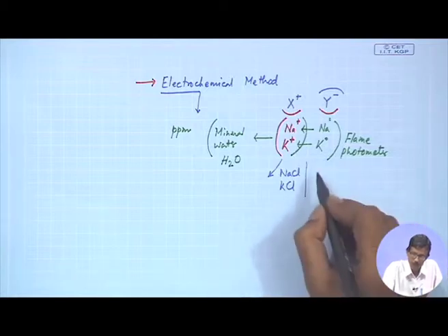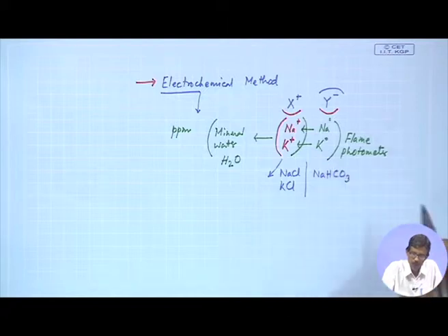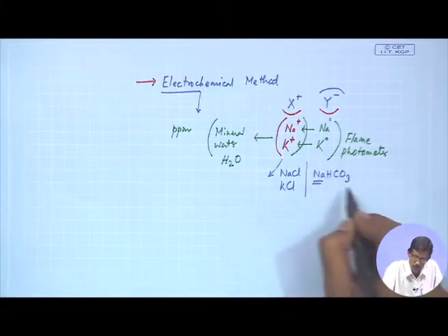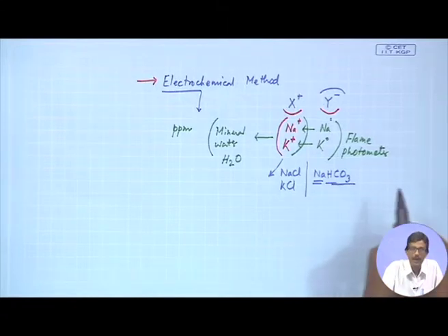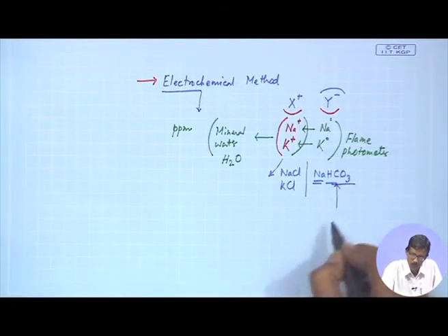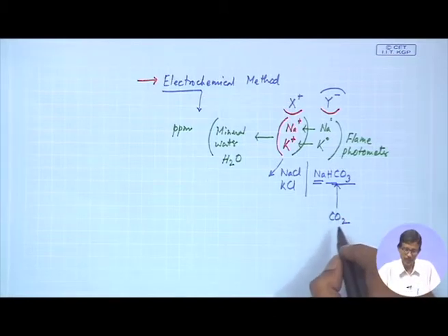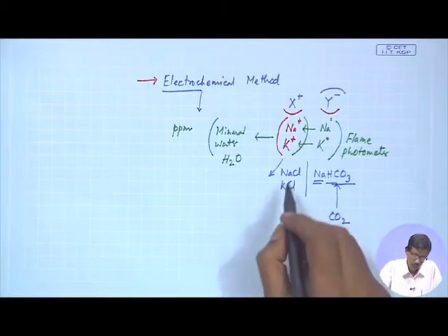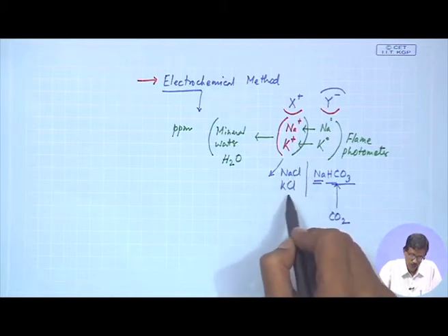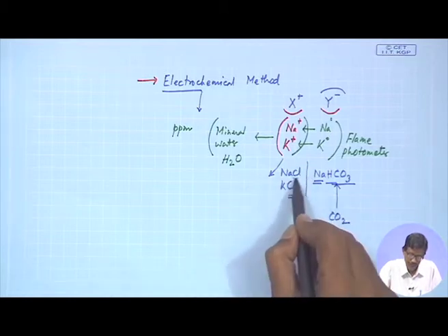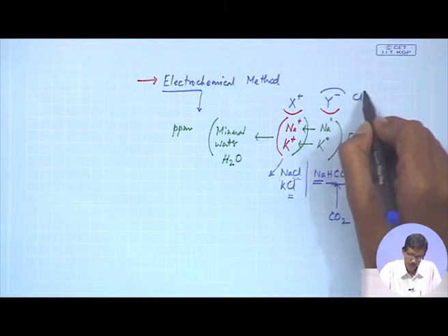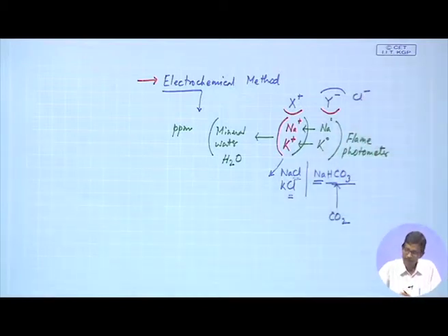Like for making food, we know that we use bicarb, which is sodium bicarbonate. Again you have the corresponding sodium salt, but the anion is bicarbonate, which we also produce in our body when we burn the food material and get carbon dioxide. Now, the other one, the anionic counterpart, that means Cl minus: can we determine this particular chloride ion concentration?